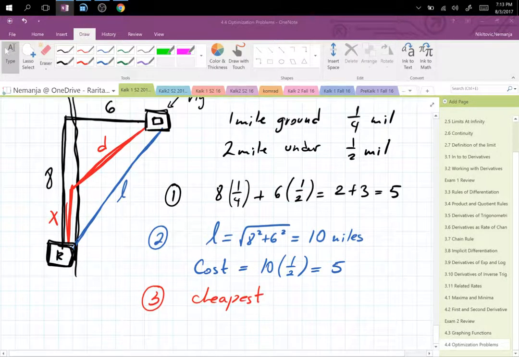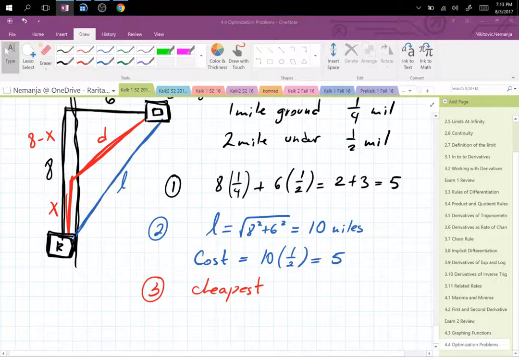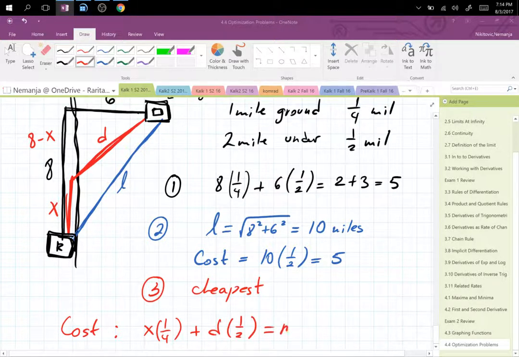And I say, all right, this part over here is 8 minus x, because the one on the bottom is x. So I'm going to have the cost equation, which says x times a quarter plus d times a half needs to be minimum, because I'm minimizing cost.